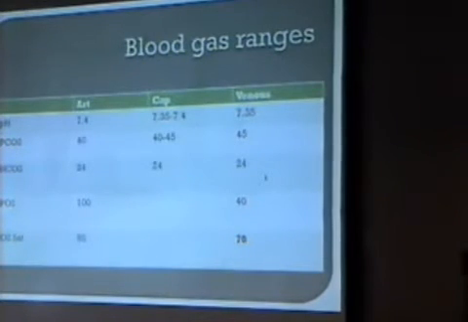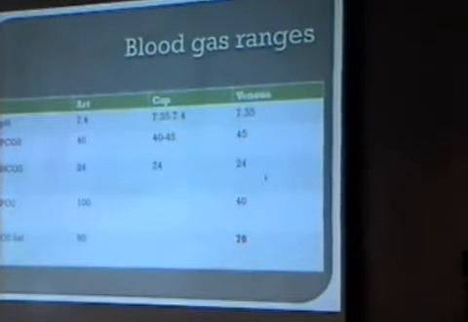Okay, we will accept different blood gas because we don't want to ventilate and cause lung damage. So 7.4, venous 7.35. So the capillary blood gas will be what? Somewhere in between, right? So the difference is large or small difference? Small difference. So capillary blood gas will accept the pH.